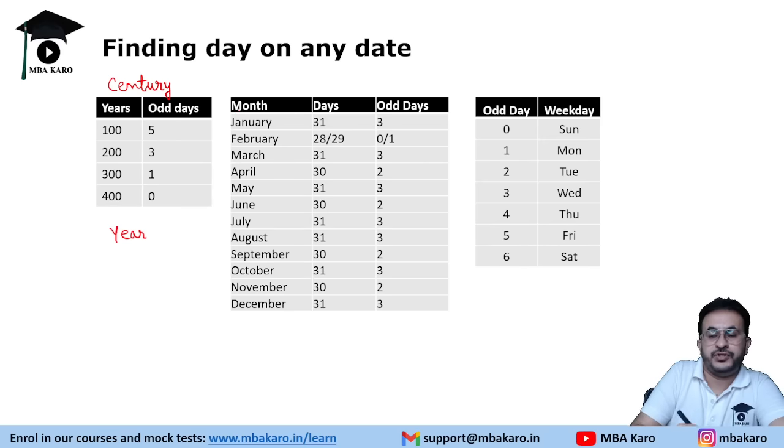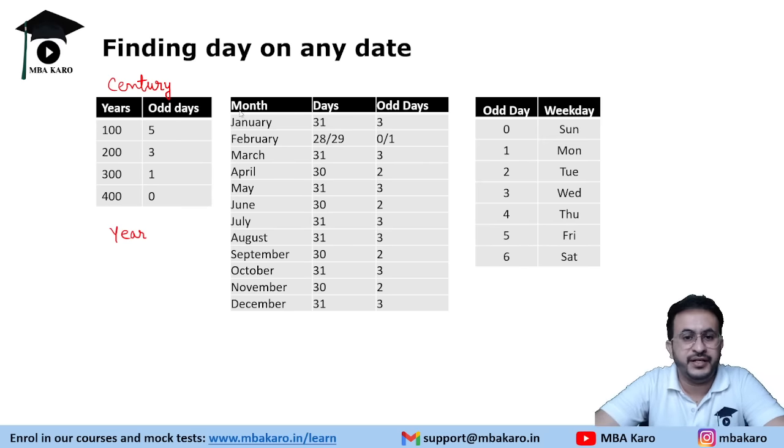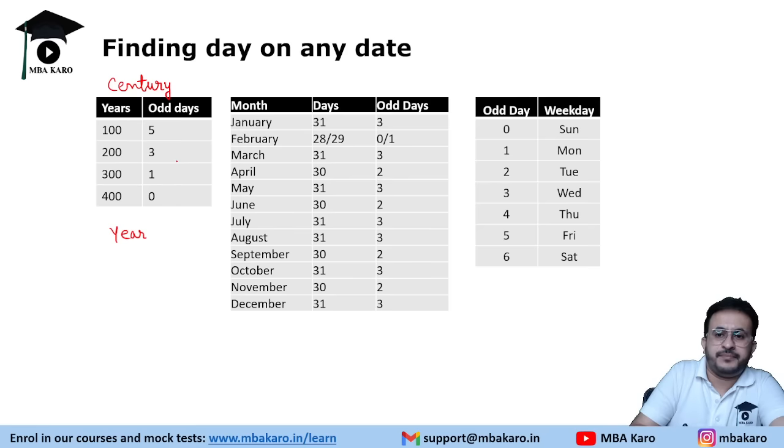So century, year, and then month we need to find to get a particular date. Let us see this step by step to figure out a particular date. From this, I would like to give you one piece of advice also. Sometimes they ask a question on the last day of a century.